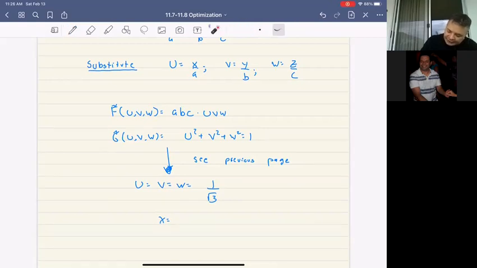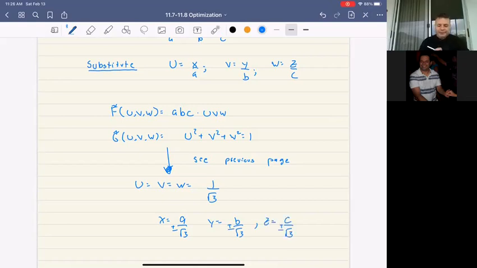X over a is u, so x is going to be a/√3, plus or minus. Y is b/√3, plus or minus. Z is c/√3, plus or minus. Okay? And this is going to give you all your maxes and mins.